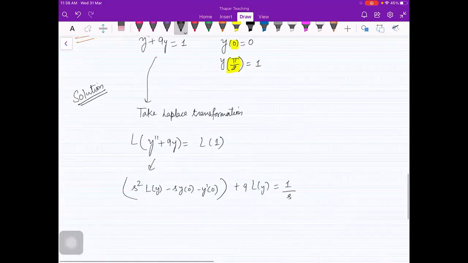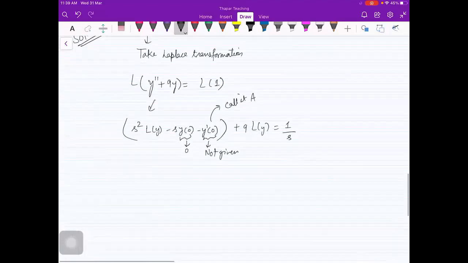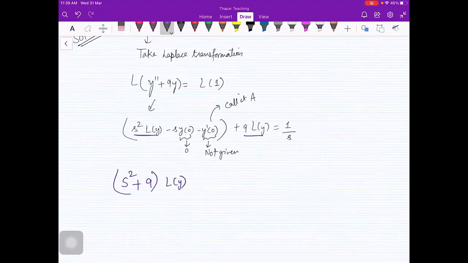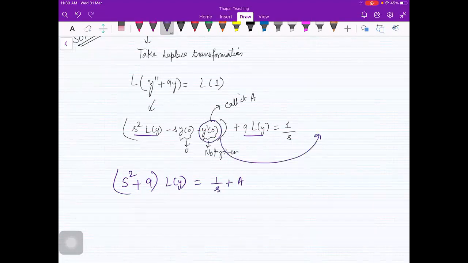Now you see, y of 0 is given to you. This is 0. So just put 0 here. But y dash 0 is not given. So you just call it some constant, a. Right, so you will have s square, this term and this term plus 9 L of y, right, is equal to 1 by s plus a. This I am bringing on the other side.